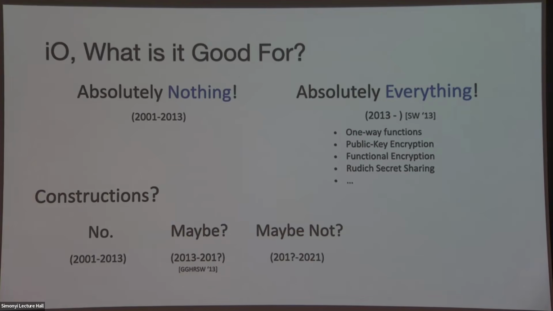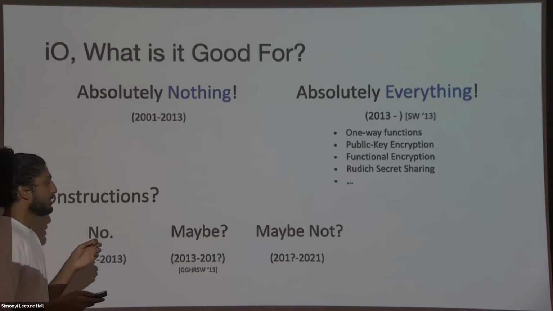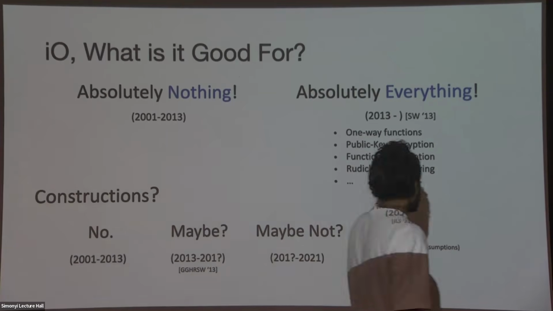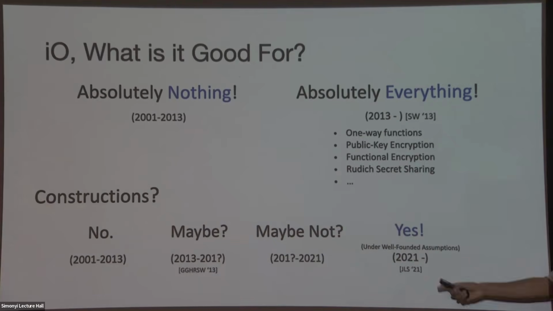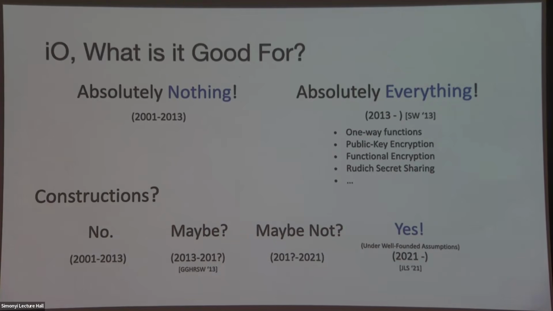It was starting to look like maybe it wouldn't exist, or at least some prominent cryptographers, you can ask me who later, believed maybe it shouldn't exist. But then there was a breakthrough work which constructed it under well-founded assumptions, which I won't tell you about, but you can ask me later. So now we do believe that this exists, at least under long-standing crypto assumptions.